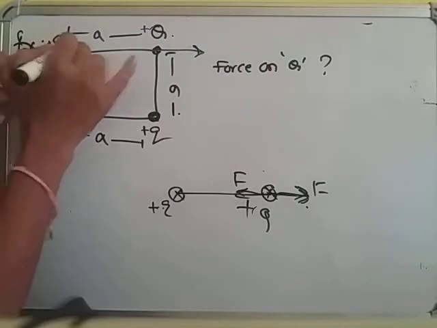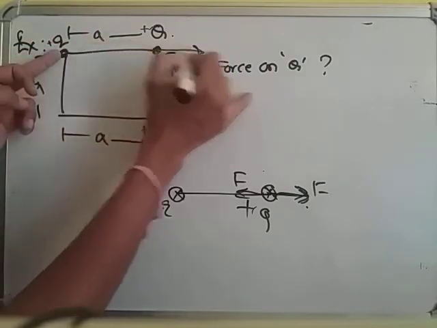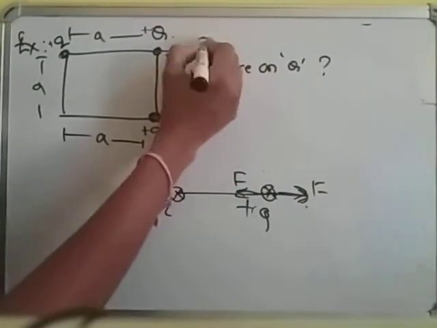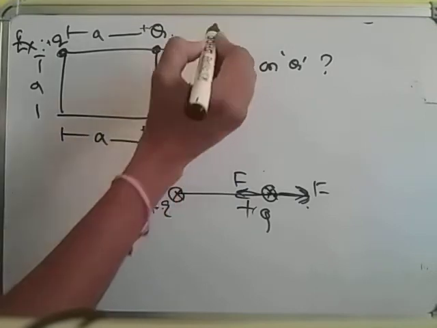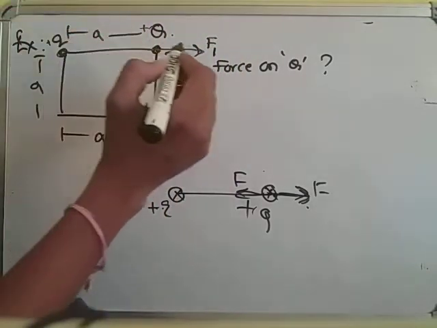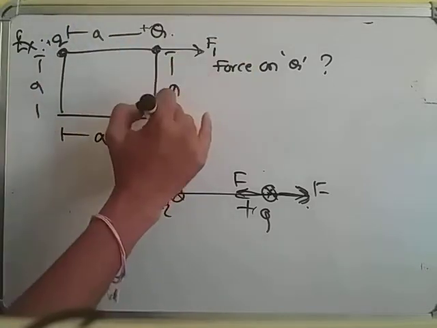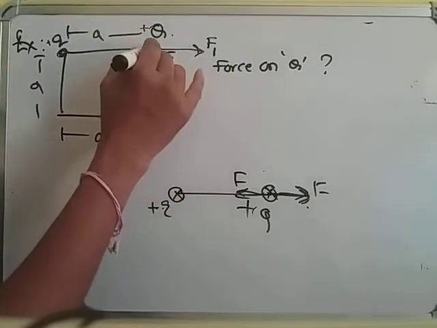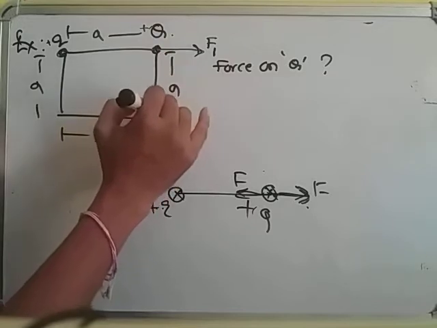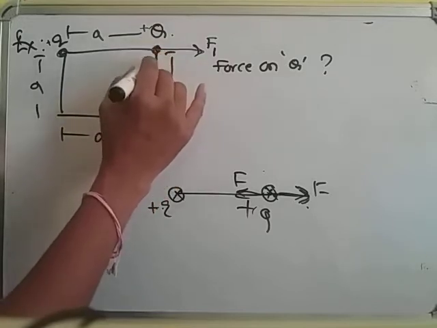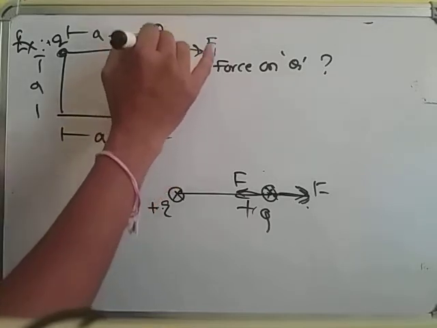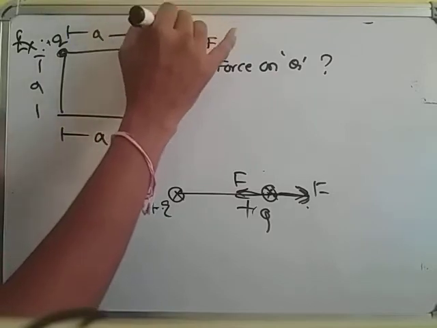This plus q pushes the plus capital Q away, and we can consider this force as F1. Next, the other plus q also pushes the plus capital Q away, acting along the line joining, away. This is F2.